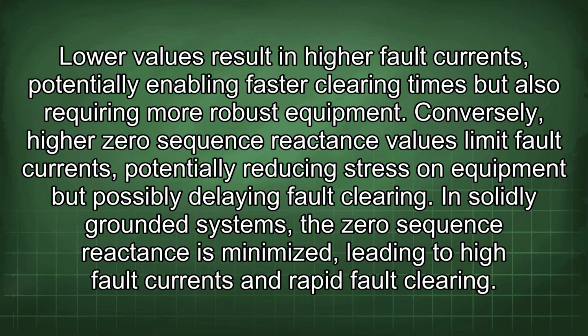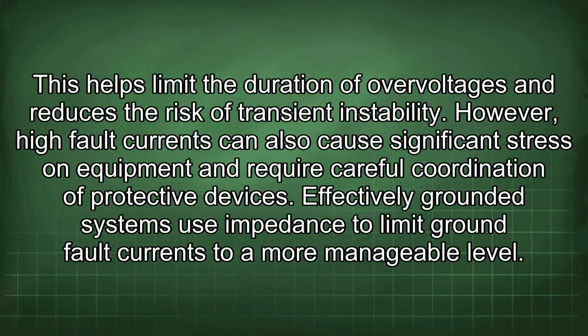In solidly grounded systems, the zero sequence reactance is minimized, leading to high fault currents and rapid fault clearing. This helps limit the duration of overvoltages and reduces the risk of transient instability. However, high fault currents can also cause significant stress on equipment and require careful coordination of protective devices.